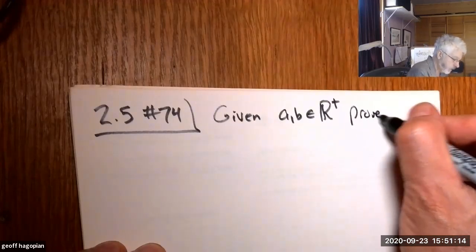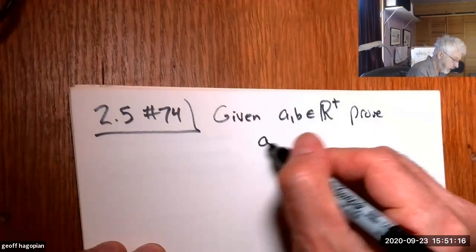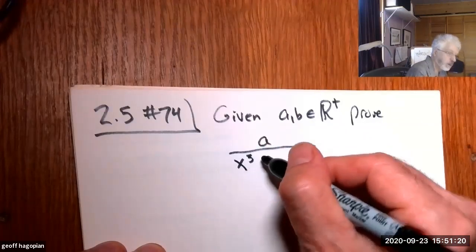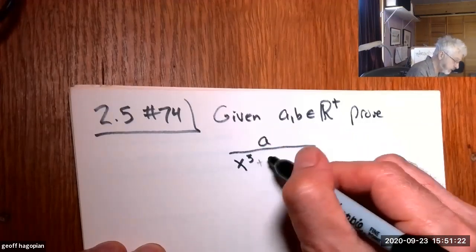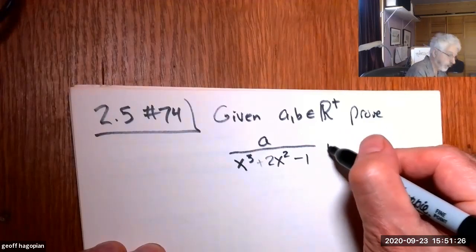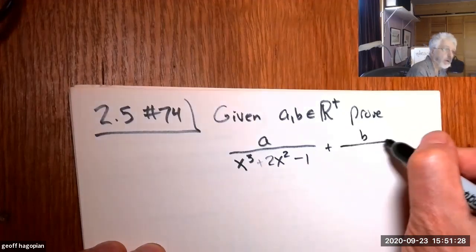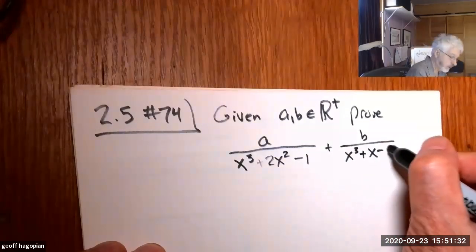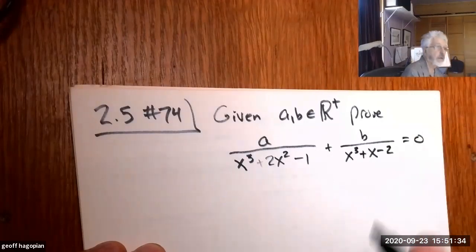Prove that a over x cubed plus 2x squared minus 1, plus b over x cubed plus x minus 2, equals 0 has at least one solution.